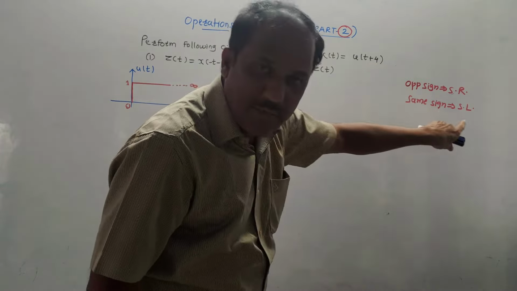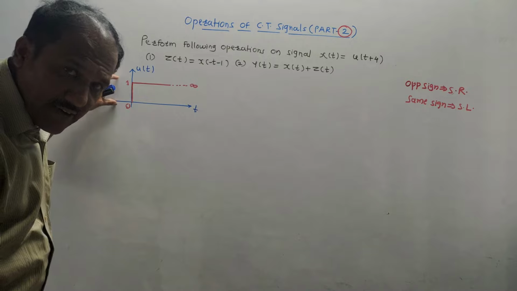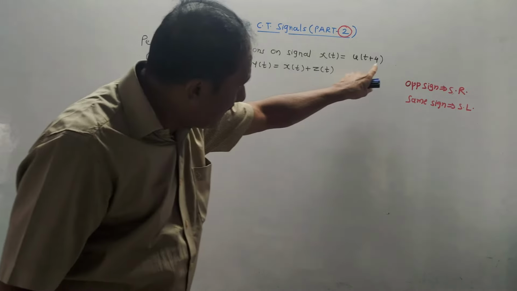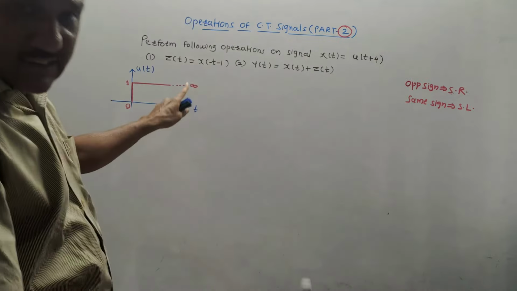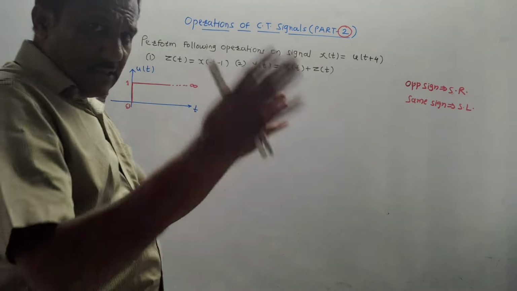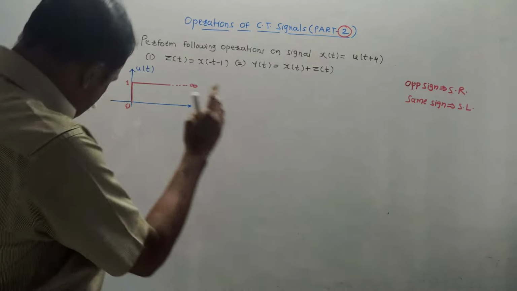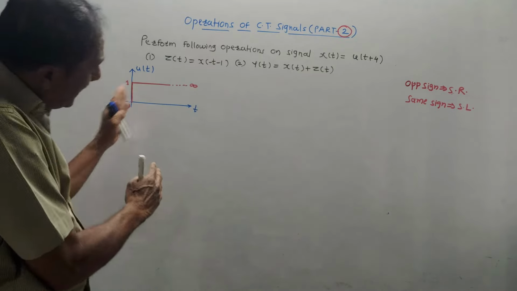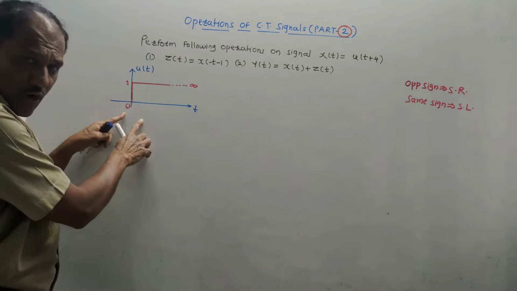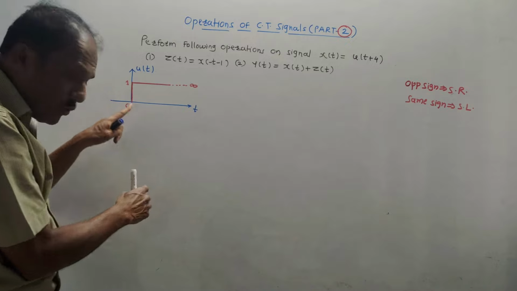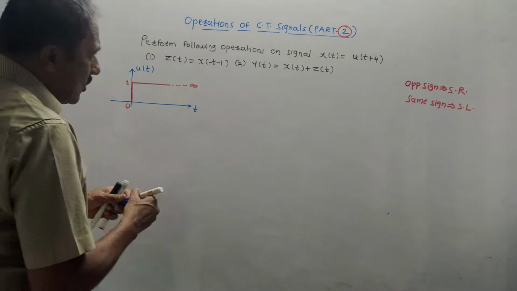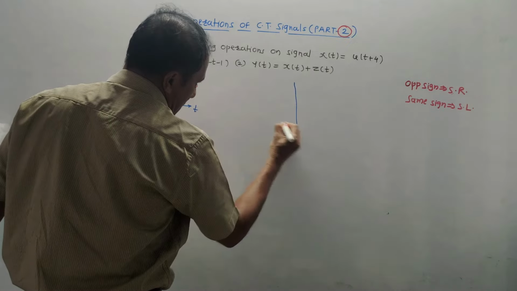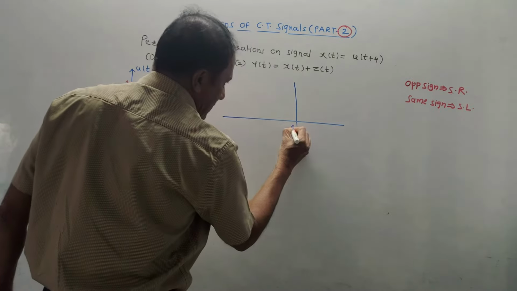Which diagram we have to shift? This diagram, which is the diagram for u of t. I have to shift it towards left by 4 positions. As we discussed earlier, always and always stick to the rules. Start reading every diagram from left to right. This diagram of u of t starts from 0. I have to shift it towards left by 4 positions. So new diagram will start from minus 4.